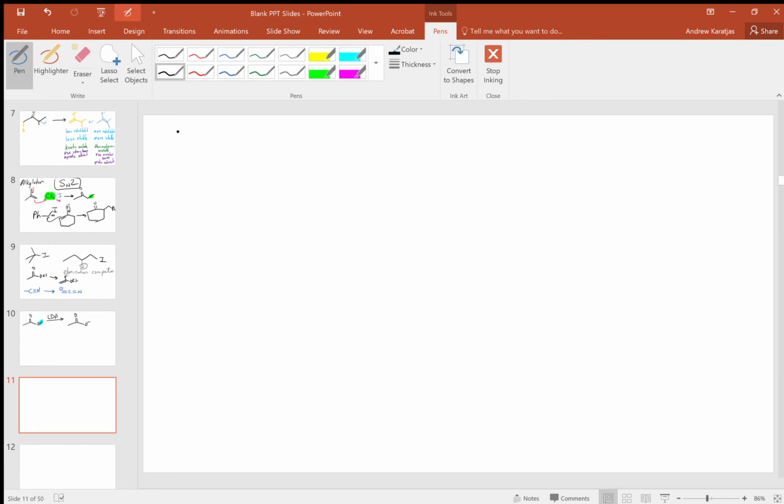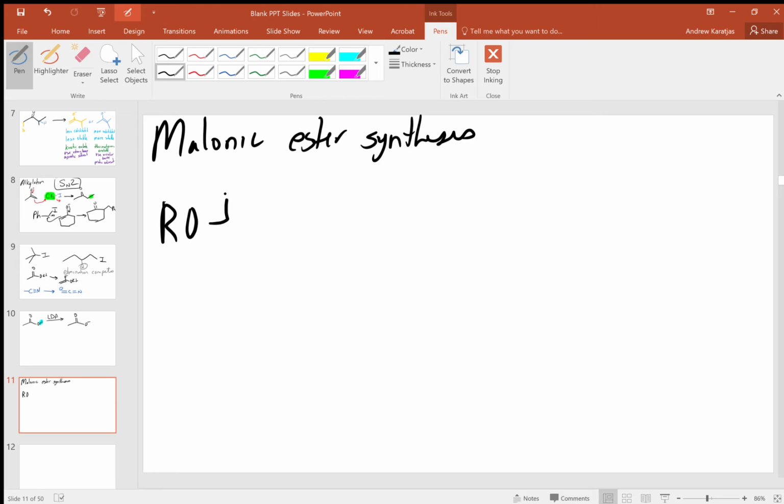And the way that we get around it most commonly is using what's known as a malonic ester synthesis. So the malonic ester synthesis takes an ester, which is derived from malonic acid. So basically take malonic acid and stick those two R groups on there.